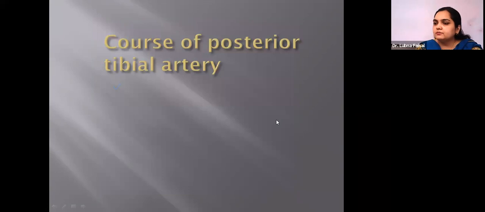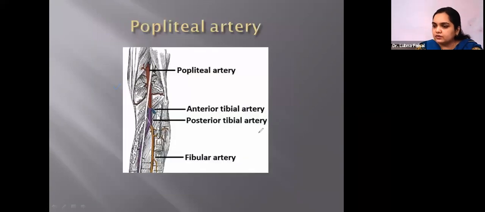Now the posterior tibial artery. The course of the posterior tibial artery. The popliteal artery in the popliteal fossa: there is the popliteus, a small muscle that forms the floor of the popliteal fossa. That popliteal artery present in the popliteal fossa gives the anterior and the posterior tibial artery.